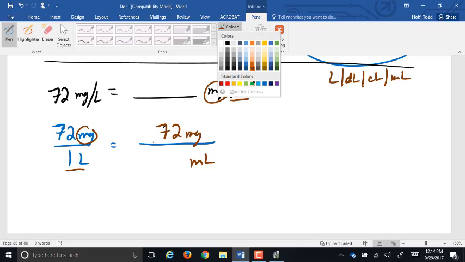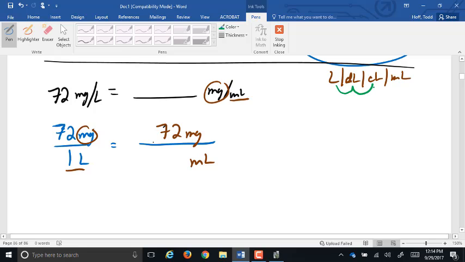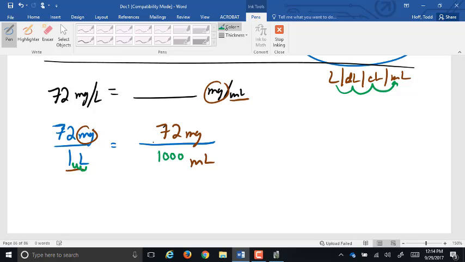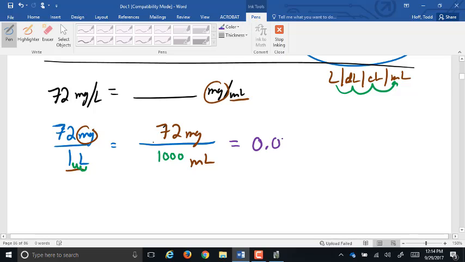From liters to milliliters is 3 spots to the right. If you take that decimal point, you go 3 spots to the right, would be 1,000 milliliters. Now I just divide that out. 72 divided by 1,000 is 0.072 milligrams per milliliter. A lot simpler, isn't it? Hopefully.